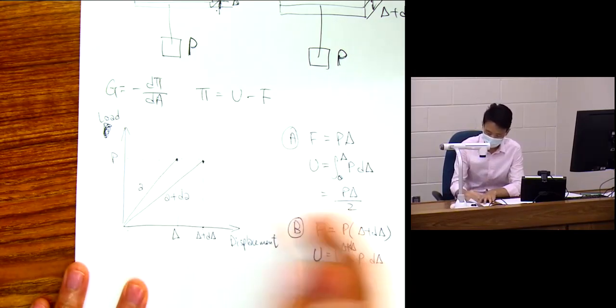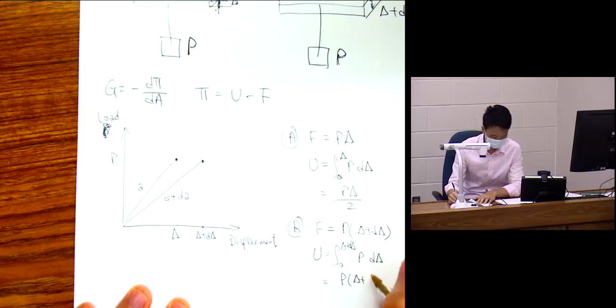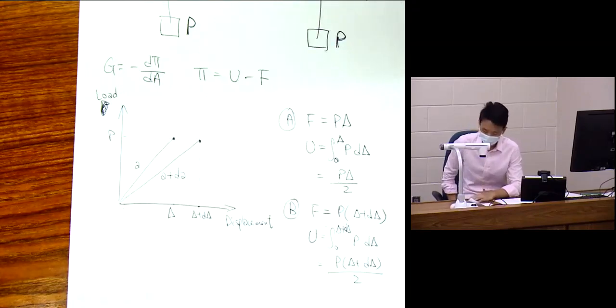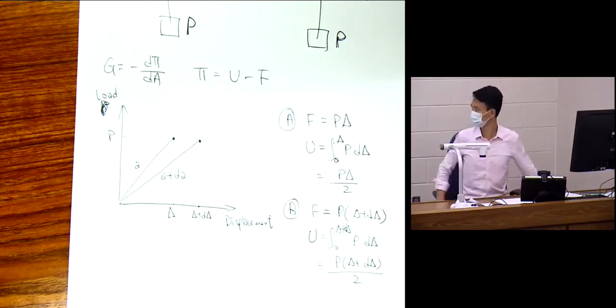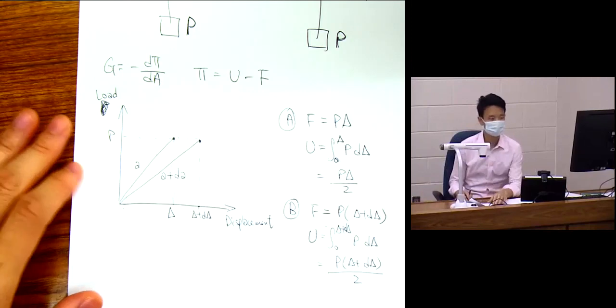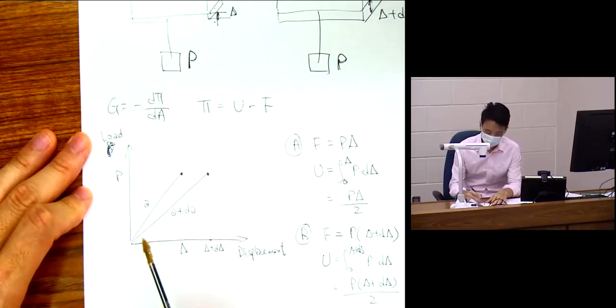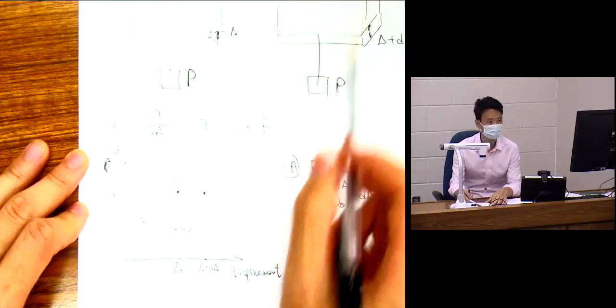Again, very simply, you get to this result. And if you look at this plot, you see that the area under that triangle is the elastic energy of this guy. Yes?